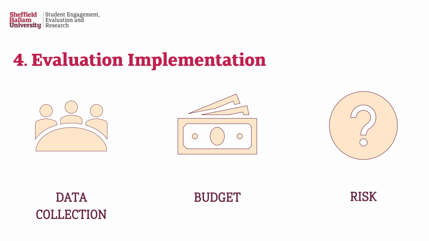Can you measure change on individuals? Can you track your participants over time? Do you have an agreed research protocol, an ethical approval process? STEER have just implemented a new process of ethical approval for institutional service evaluations. The link for this will be at the end of the video.